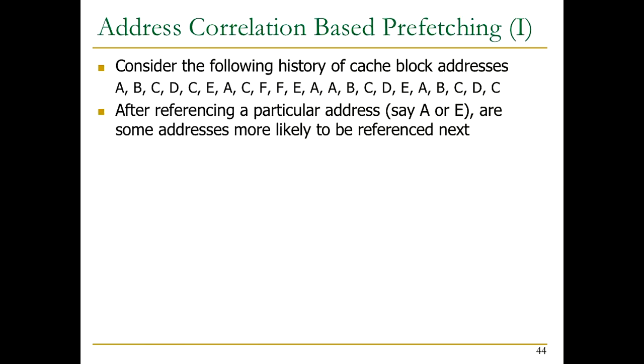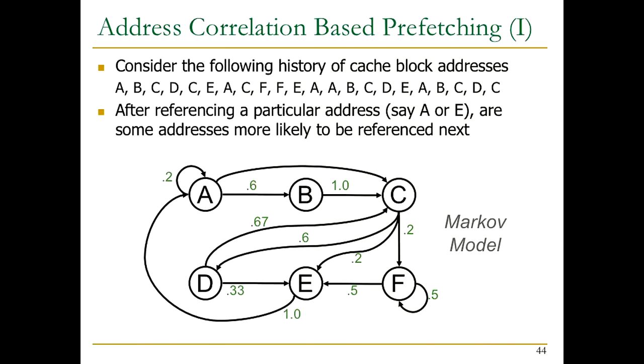Right? So after referencing a particular address, some addresses are more likely to be referenced next. And if you see over here, you could create a model, a Markov decision process, or a Markov model over here, after the fact, of course, which marks each address as a node and connects the next nodes, the next accesses, with a probability on the arcs.